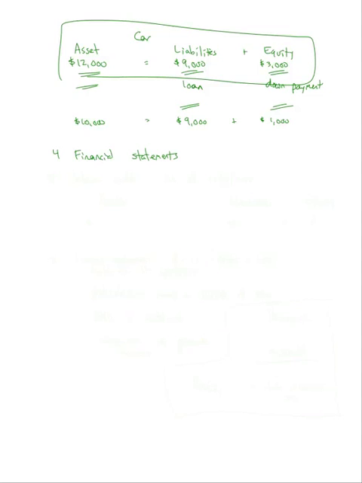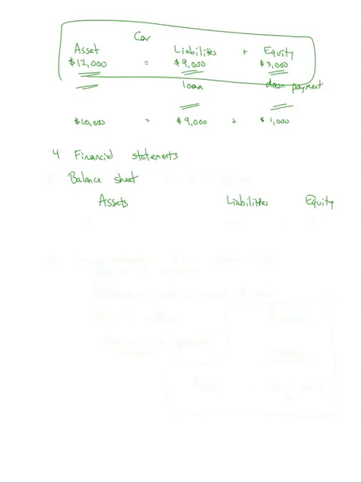The first one is really a statement of the basic accounting equation itself. It's called the balance sheet. And the balance sheet reports the assets, the liabilities, and the equity of a business at a particular point in time.